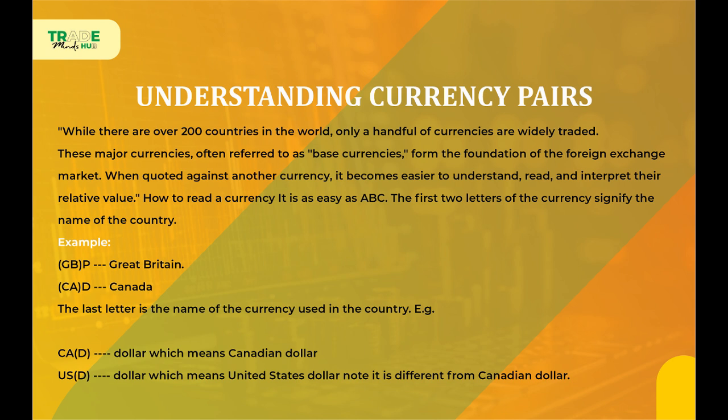The first 2 letters of the currency signify the name of the country. So GB signifies Great Britain, while the last letter is the name of the currency used in that country.